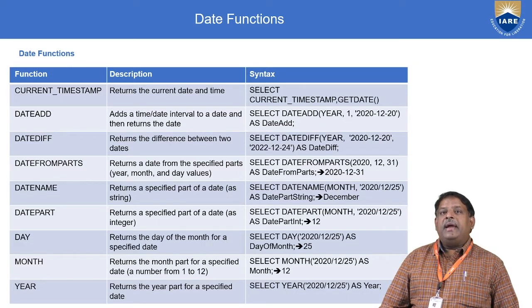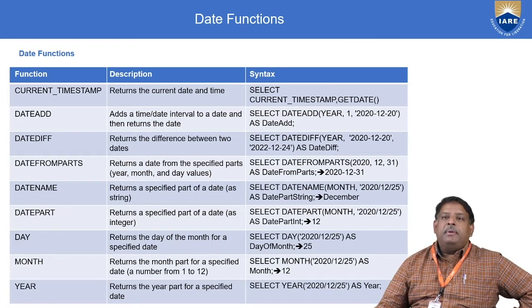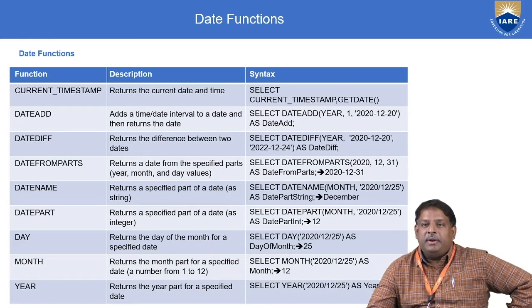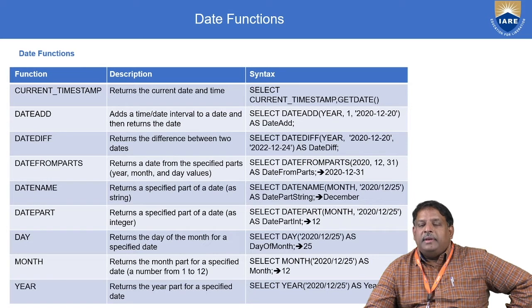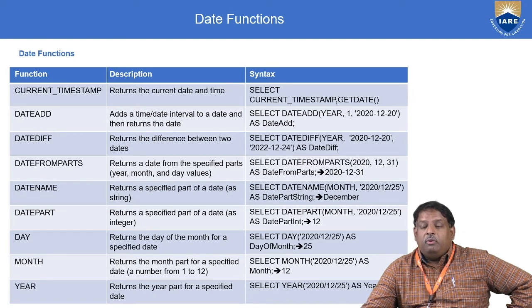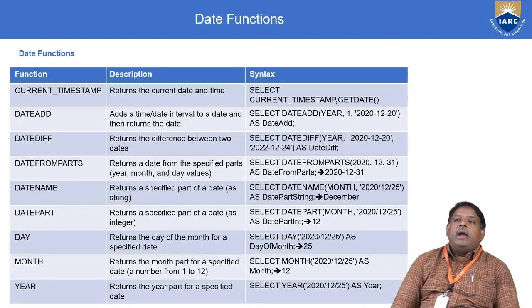We have date add. Now add a time or date interval to a date and returns a date. Date add is nothing but adds a date and time interval to a date. So my syntax would be select date add. What interval do I want to add? I want to add year interval.